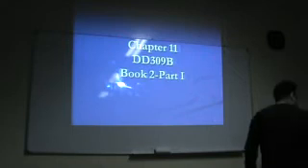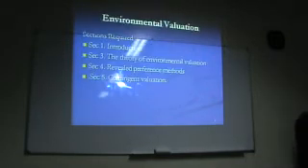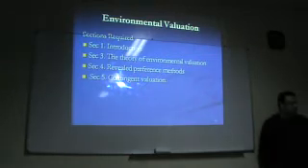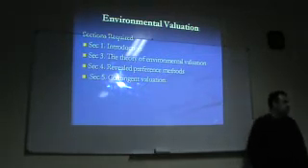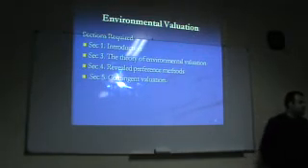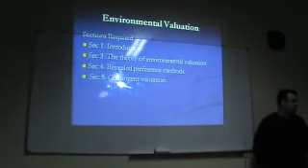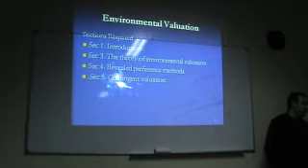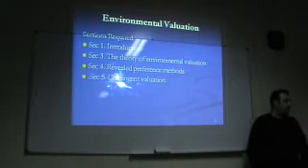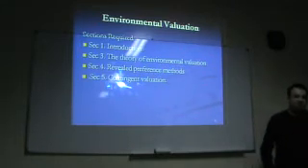The title of this chapter is Environmental Valuation. The sections required are 4 sections. Section 1, the introduction. Section 3, the theory of environmental valuation. Section 4, revealed preference methods. Section 5, contingent valuation.